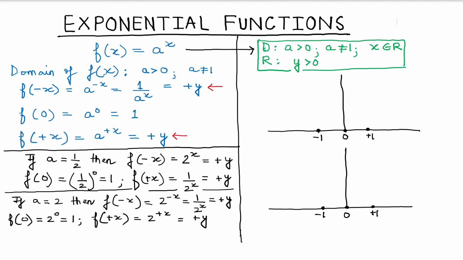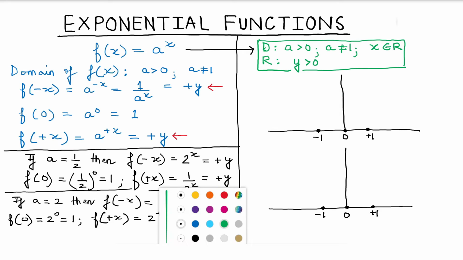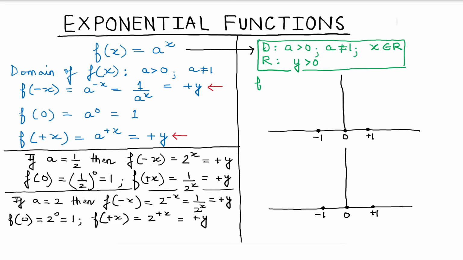So now when we are plotting the graphs, here we are plotting the graph f(x) is equal to 2 to the power x. Here we are plotting the graph of f(x) is equal to 1 divided by 2 to the power x.